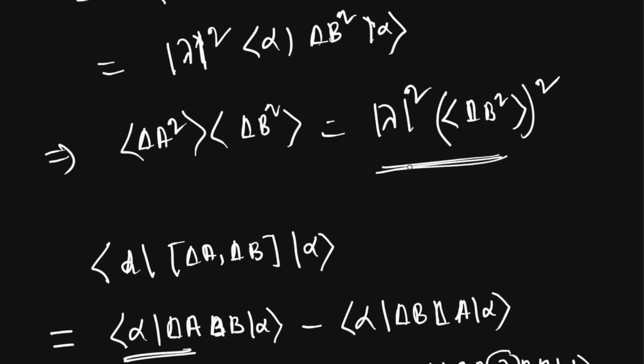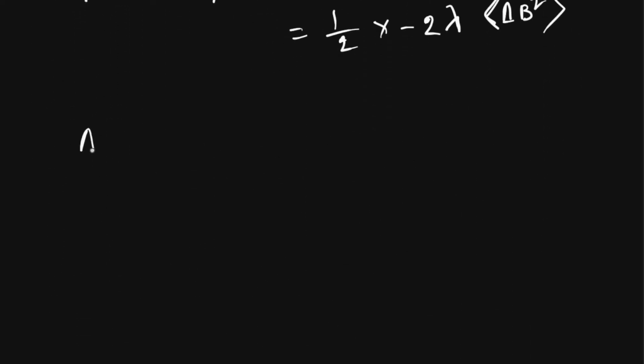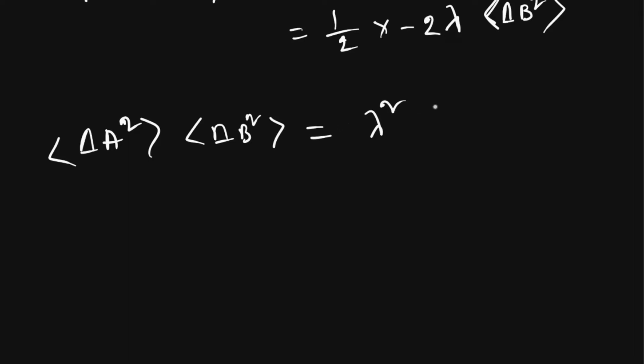Delta A square into delta B square is nothing but lambda square delta B square square. So now delta A square its expectation, delta B its expectation is equal to lambda square delta B square expectation.